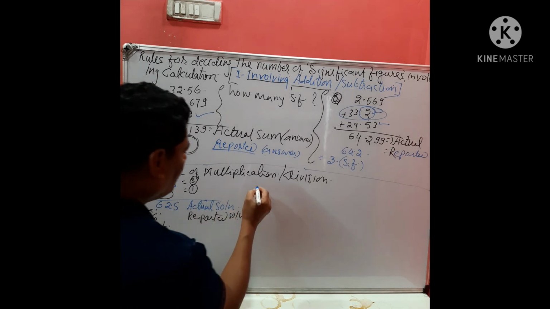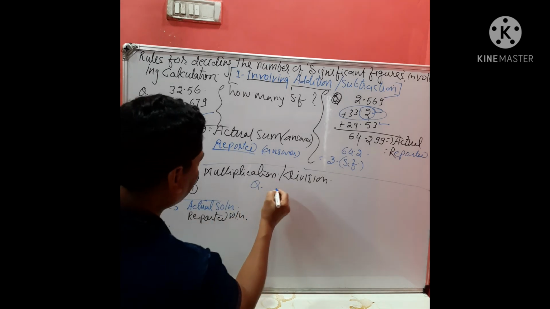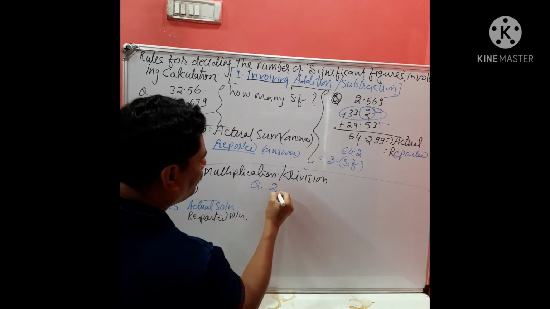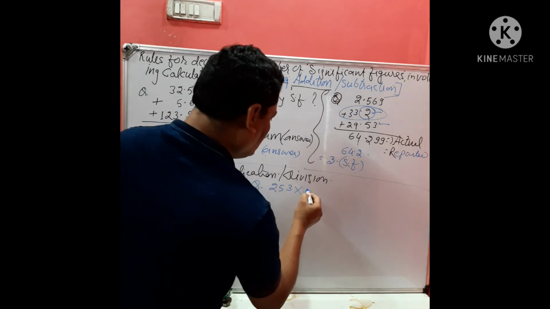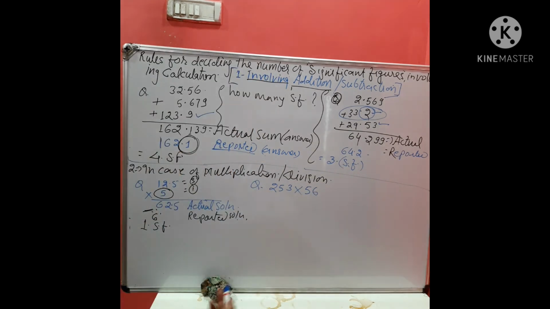Like, I can solve one more question. 253 multiplied by 56. So what to do?